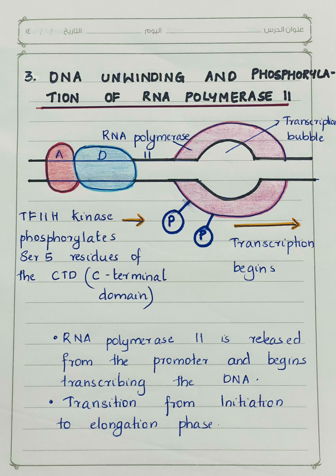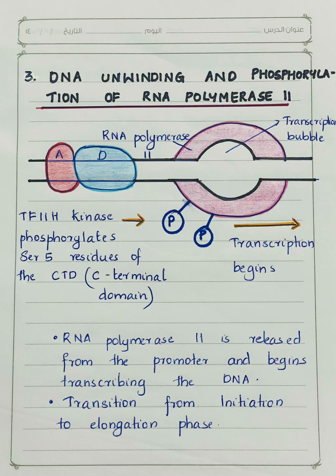So using the kinase activity of transcription factor 2H, it phosphorylates the serine 5 residues of C-terminal domain. Once phosphorylated, RNA polymerase II will begin synthesizing RNA. It is released from the promoter and begins to transcribe the DNA.